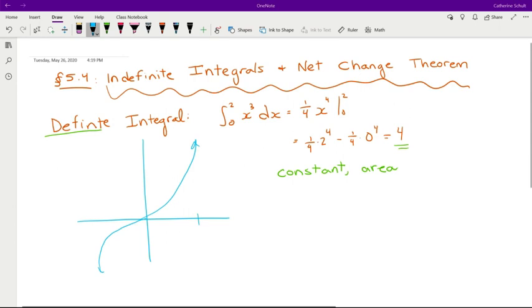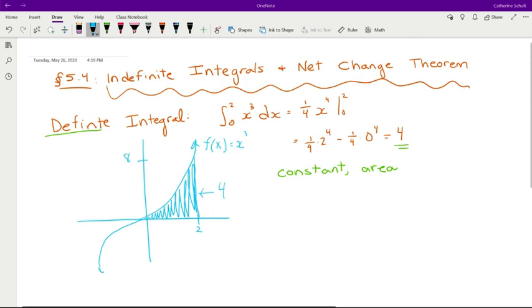If this was our x cubed function, not to scale, then this definite integral is the area under this curve from 0 to 2. And we just determined that that area is 4.